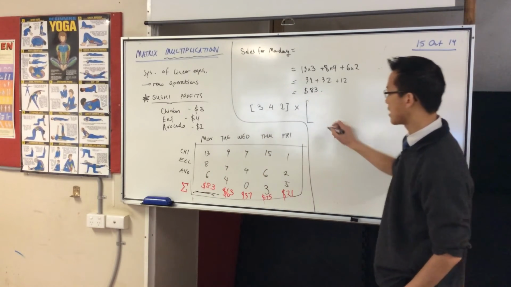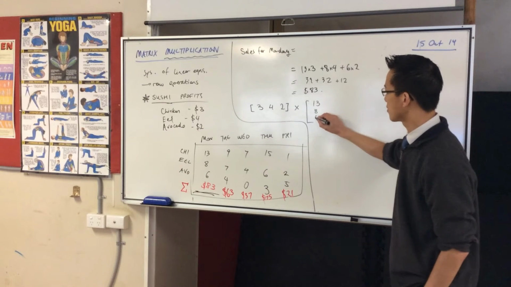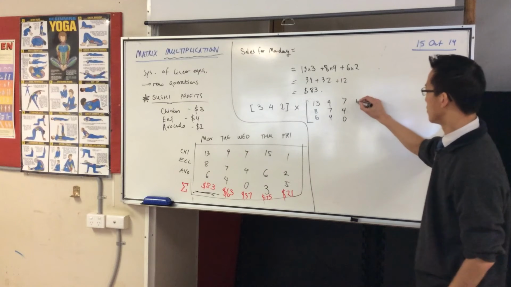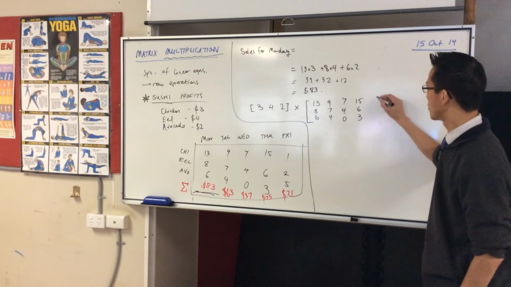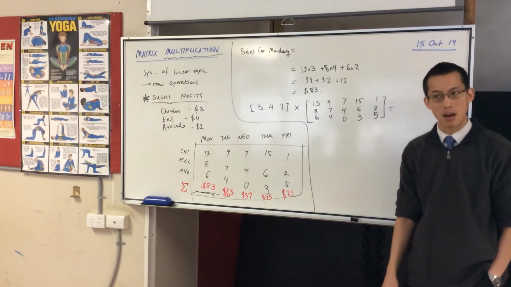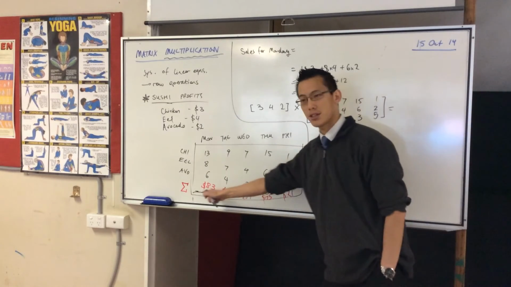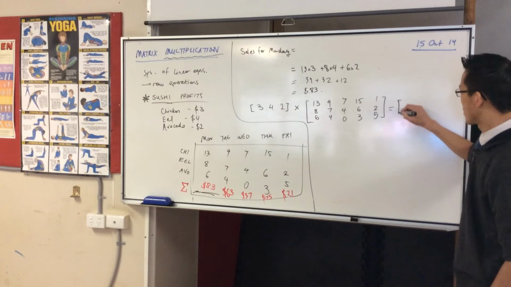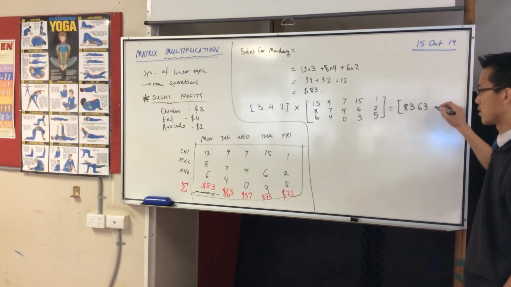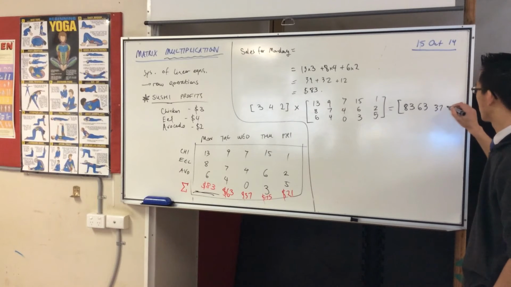So here's our table. Okay, now what was the result that we got? This was our result down here, right? Oops, that's a bit close together, but you get the idea.